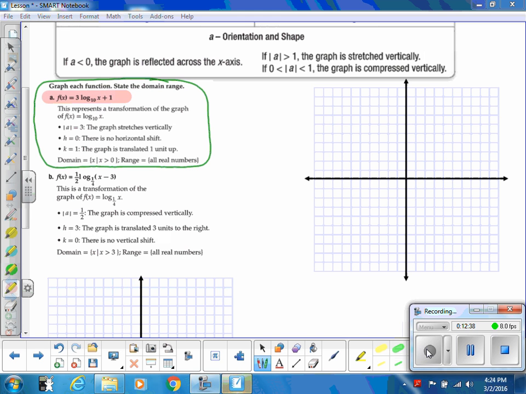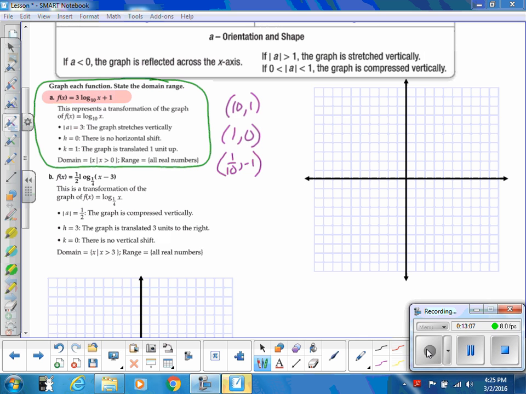The first thing you want to do is identify your 3 points. So we got 1, 0. And then we've got b, 1, but b is 10, so I have 10, 1. And then 1 over b, negative 1, so I have 1 over 10, negative 1. Okay? Always identify your 3 original points first.